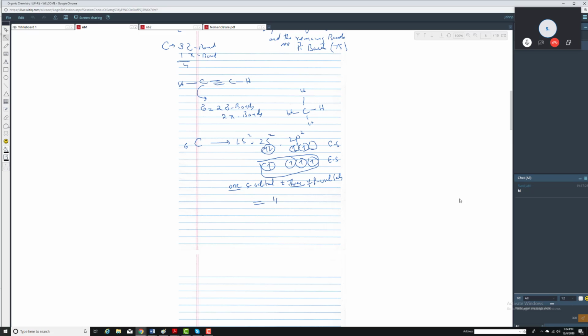What you are going to name these orbitals after mixing is sp3 hybrid orbitals. 4 is the number of orbitals, but each orbital is known as sp3 hybrid. Why are we saying s and p? They are showing the mixing: these hybrid orbitals are made by mixing one s orbital and 3 p orbitals.